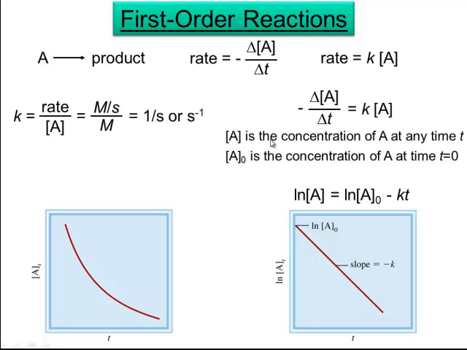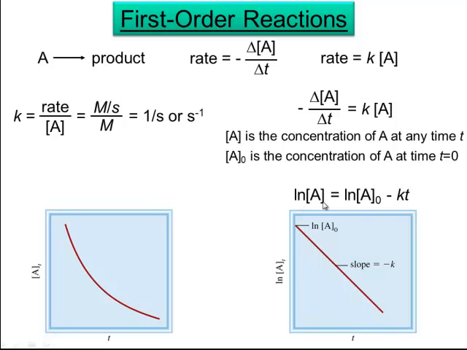Now, if A is the concentration of reactant A at any point of time, whereas A0 is the concentration at 0 time, that is initially, then the relation between A and A0 is represented by this formula. I'll derive this equation in my next video.